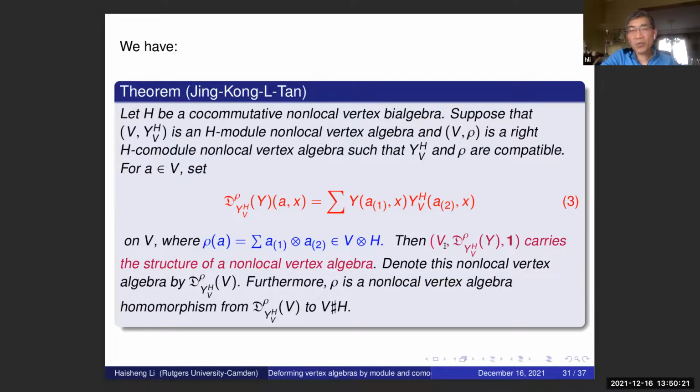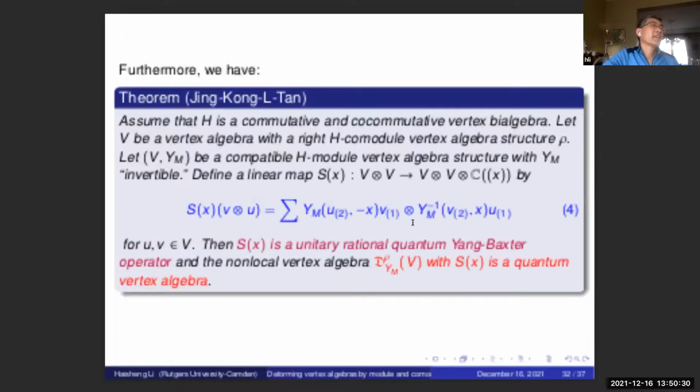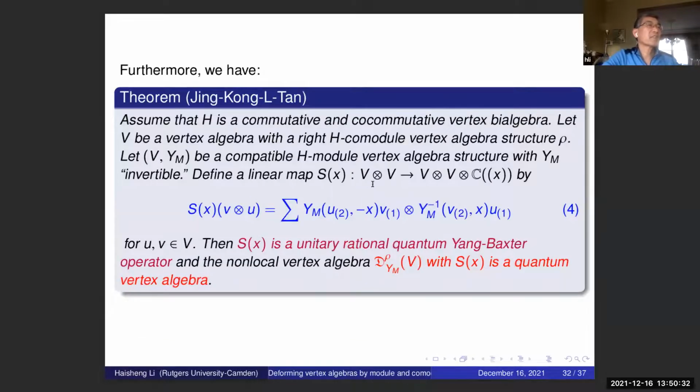So we use the two actions on a non-local vertex algebra, not bialgebra action, left and right. And then in a special case, we could get a quantum vertex algebra. Here we need to assume, I will say first and then mention why implicitly, that H is a commutative and co-commutative vertex bialgebra, a very strong commutative and co-commutative vertex algebra.